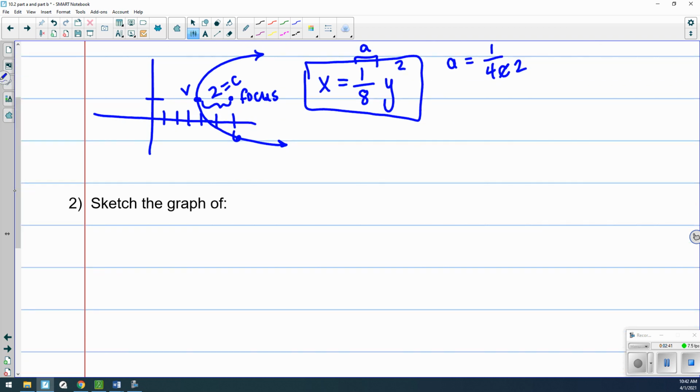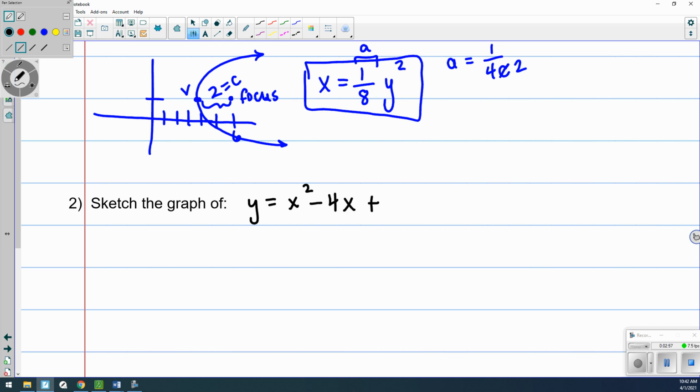All right, now let's take a look at another example. In this example, I'm going to give you an equation, and we are going to sketch the graph. So let's take a look at the equation y equals x squared minus 4x plus 8. All right, well, what we need to do is put this into vertex form.